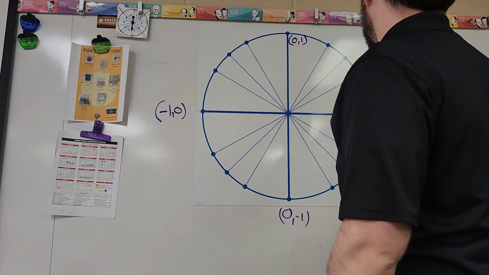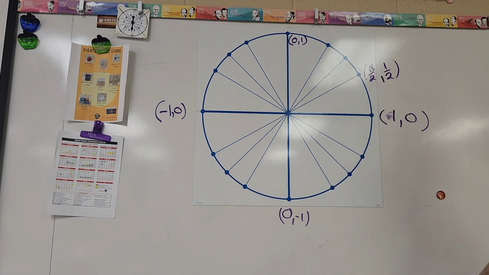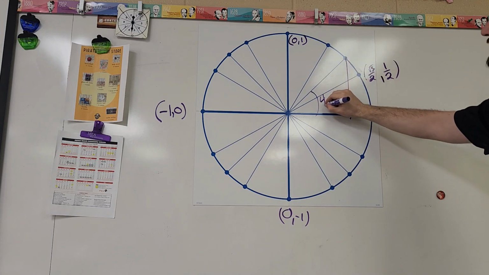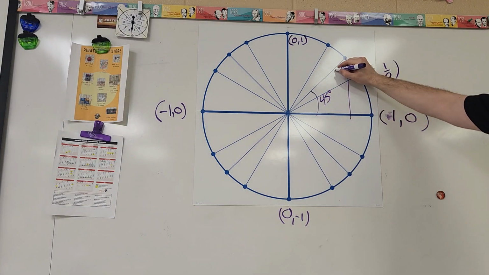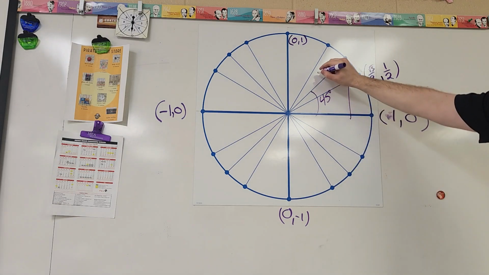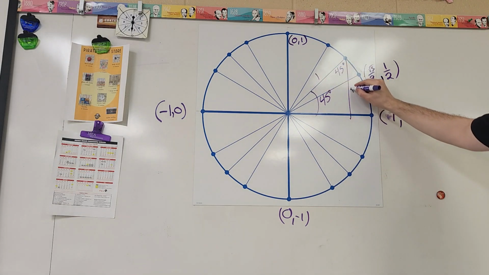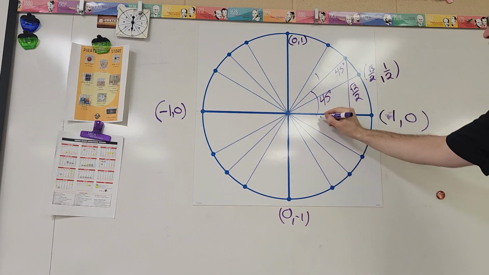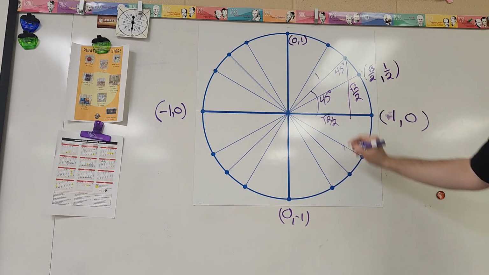All right, so I made a triangle. I came up with that point. Now for this one, what kind of triangle is this? It's a 45, 45. If this is 1, then this is root 2 over 2 from yesterday. Do you remember we did the triangle stuff? And this is root 2 over 2.